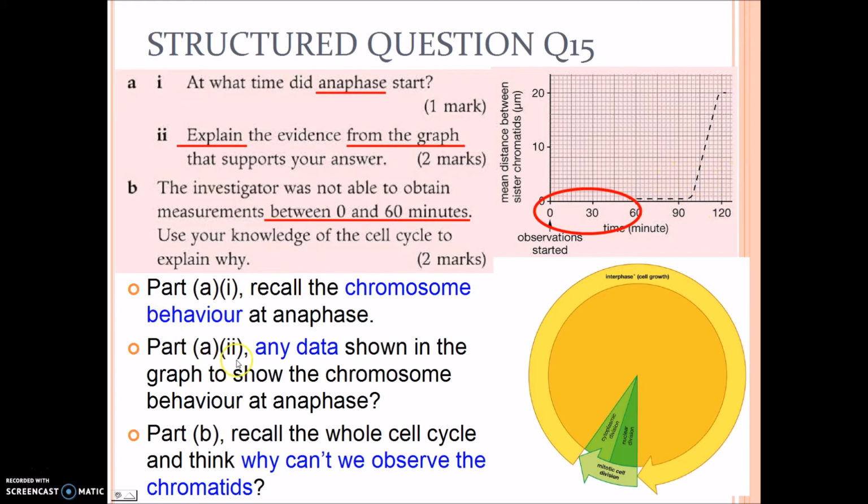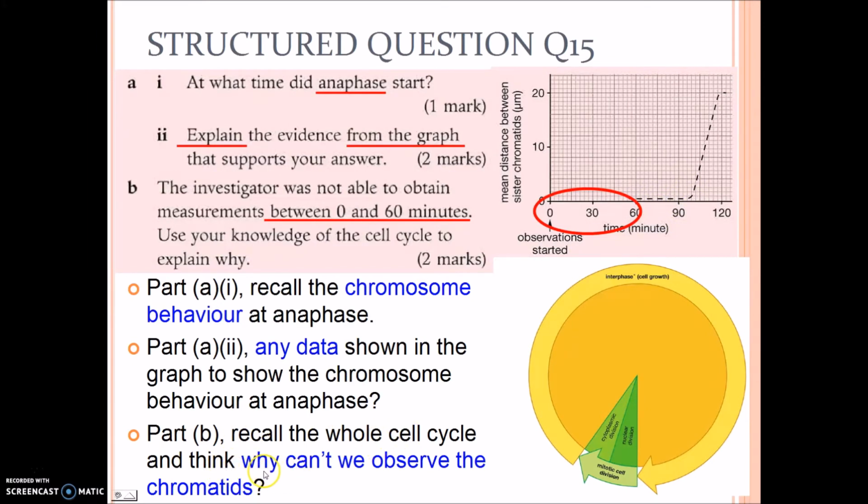And then for part A2, any data can tell you that the chromosome or the chromatids are being separated. So tell me the data from the graph, not by your knowledge, not from the textbook, but from the graph. And then for part B, we call the whole cell cycle.